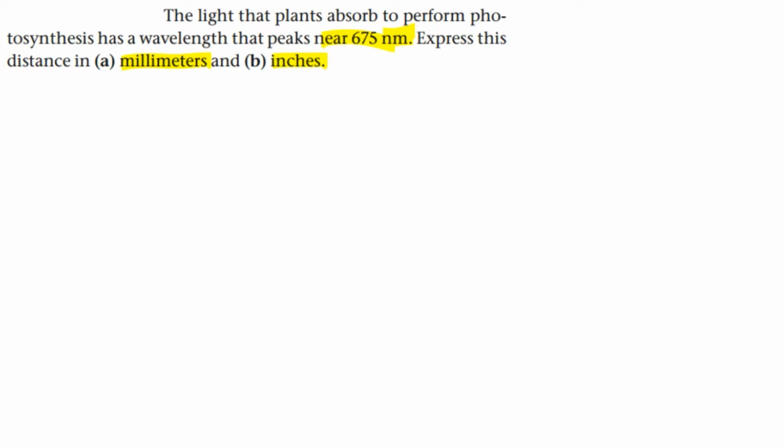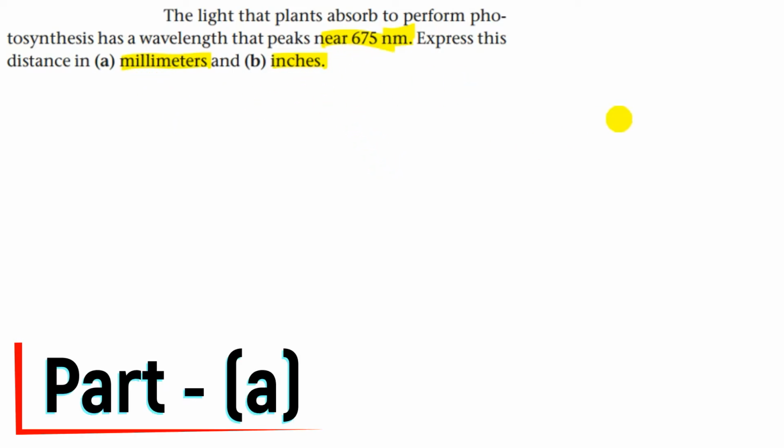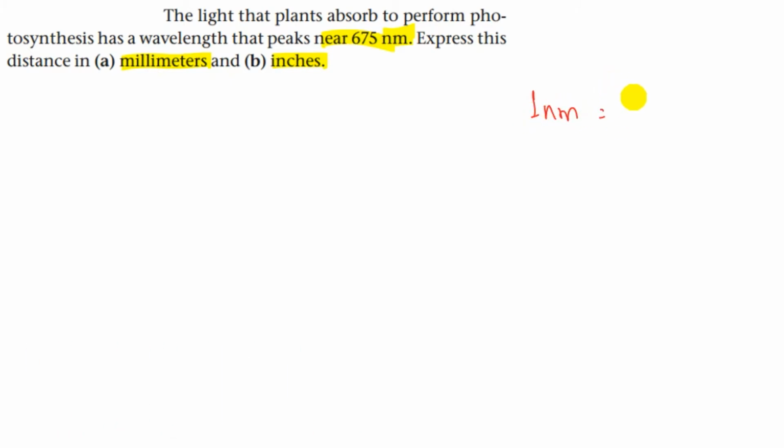So I'll be writing the unit conversion, and the rest you have to do on your own. Now the first one, we have to convert this nanometer into millimeter. Now 1 nanometer means 10 to the power minus 9 meter, and 1 meter means 1000 millimeter. So this is the unit conversion. The rest you can solve on your own.